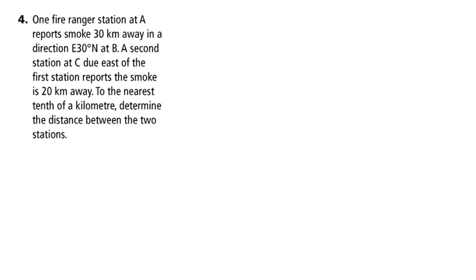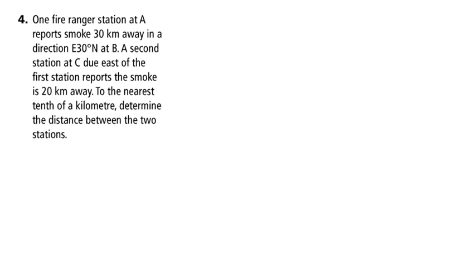Okay, and time for a hilariously contrived word problem here, where we have some ranger stations that know the exact distance they are away from a fire, but don't know how far apart they are from each other. Doesn't sound very possible. Anyways, let's have a look here.